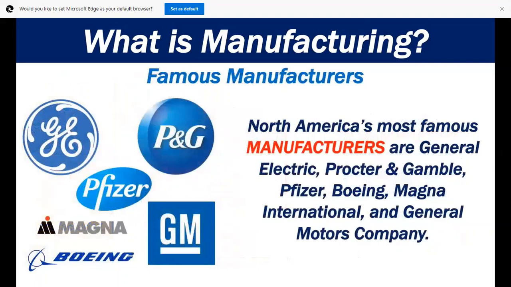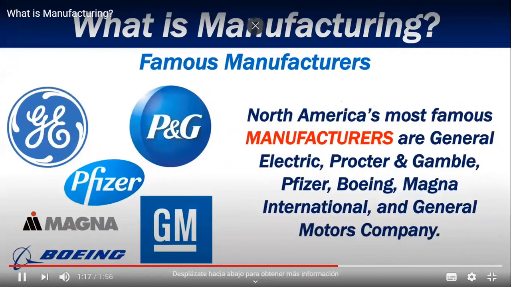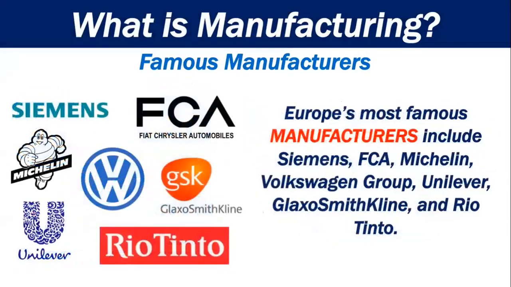North America's most famous manufacturers are General Electric, Procter & Gamble, Pfizer, Boeing, Magna International, and the General Motors Company. Europe's most famous manufacturers include Siemens, FCA, Michelin, the Volkswagen Group, Unilever, GlaxoSmithKline, and Rio Tinto.